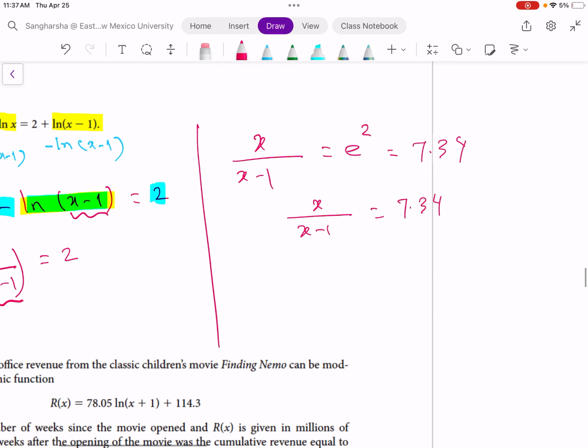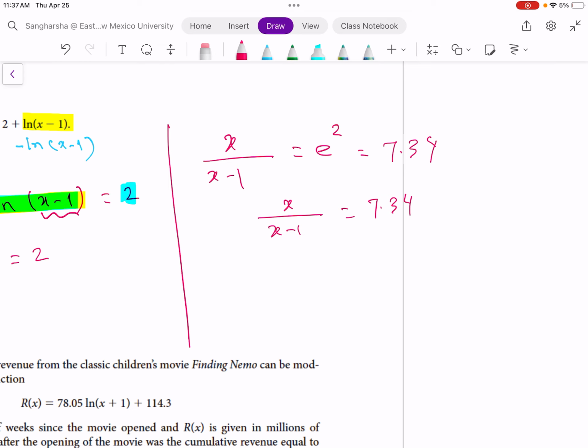And how do we solve a rational equation? The very first step is getting rid of the denominator. Our denominator is x minus 1. We multiply both sides by the same denominator, x minus 1, so you can cancel this.